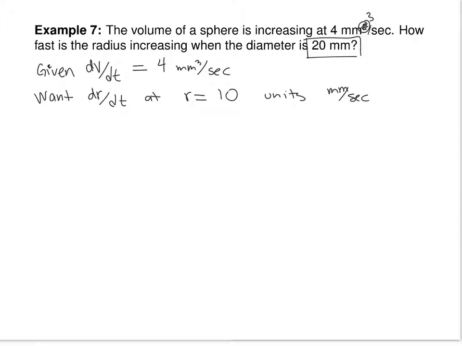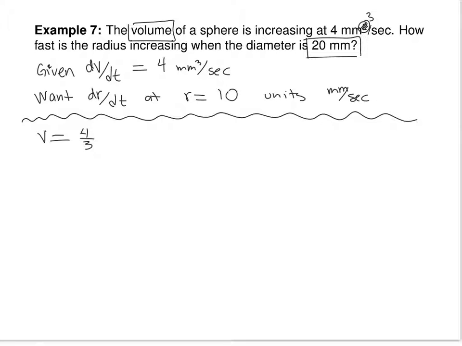Okay, great. Now you need to get the equation to relate the stuff together. So you care about the volume and the radius. So volume of a sphere, I'm not going to make you memorize this one, but it'd be helpful to know, 4/3 pi r cubed. Three-dimensional things will have 3 variables in them somehow, just like the cube did.